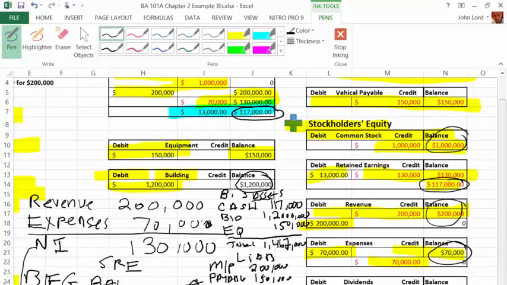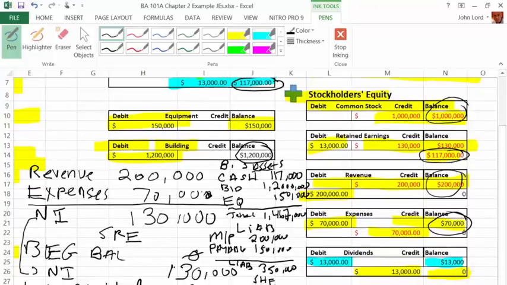I'm kind of running out of space here. So what's my total stockholders' equity? 1,117,000 is the total stockholders' equity, and now my liabilities plus my stockholders' equity is what?